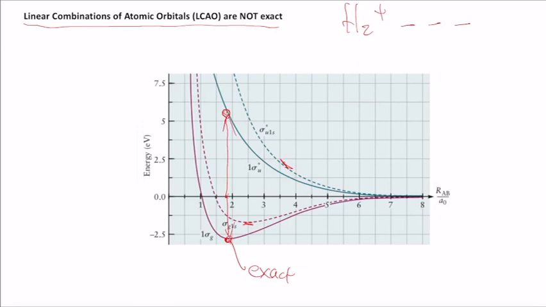And so why is it that the linear combinations did not give us the exact solution? Well, because the atomic orbitals that we're using are very good at describing atoms. They're not good at describing molecules. So when we only use one atomic orbital, we get very poor results.